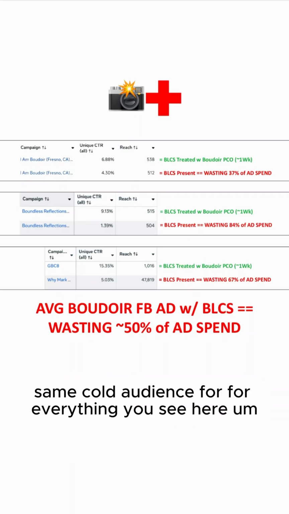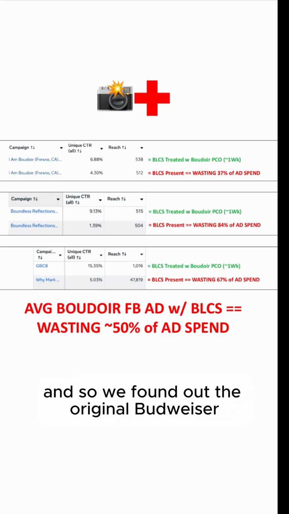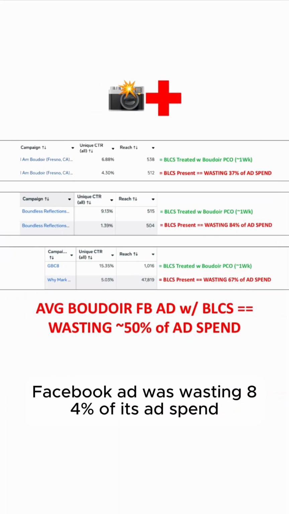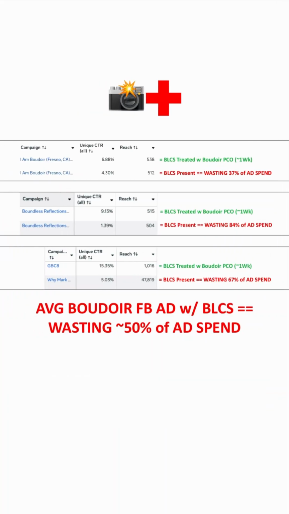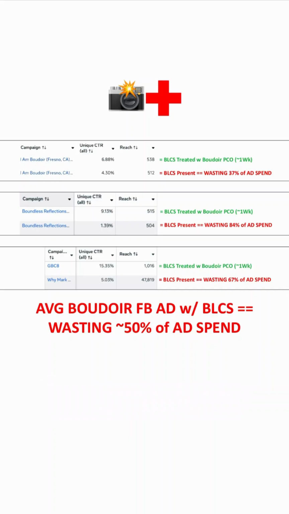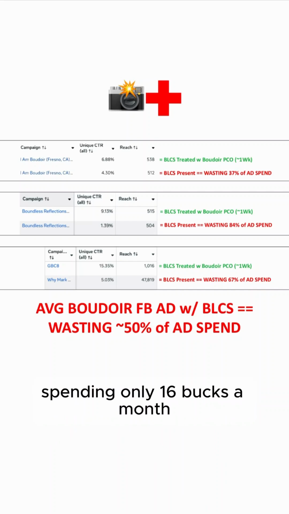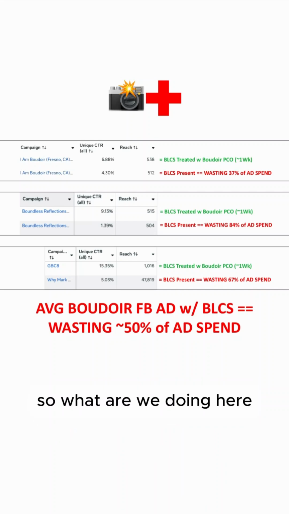It's the same city and the same cold audience for everything you see here. We found out the original Boudoir Facebook ad was wasting 84% of its ad spend. The original ad spent 10 grand a month. Instead, we can run the Boudoir Pico treated ad spending only $1,600 a month. So what are we doing here?